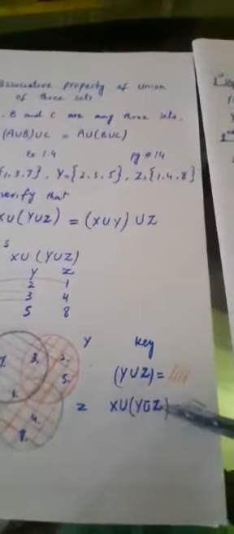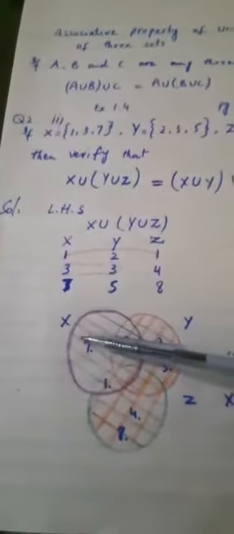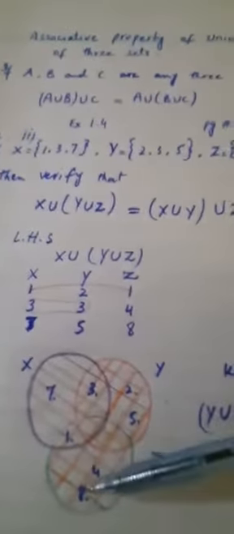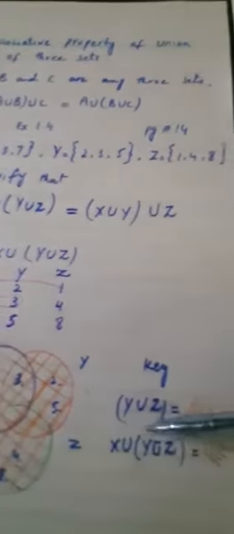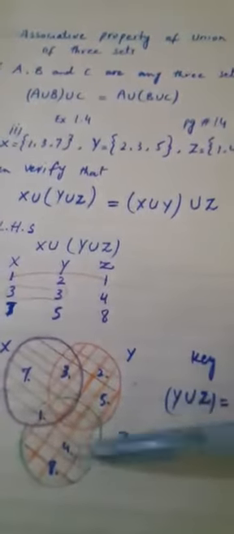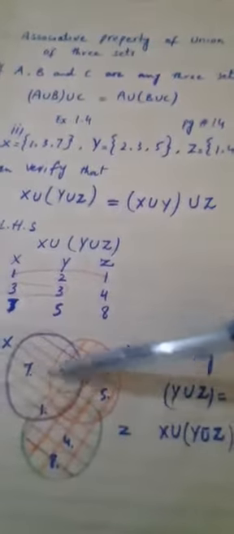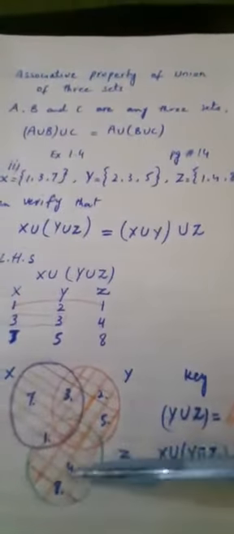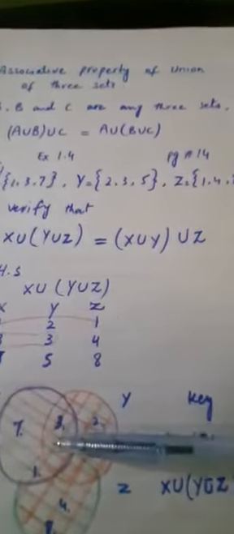And for the second step, when we find X union (Y union Z), for adding the X set also, we will do the second pattern of coloring, and we will show it in the key on the opposite side, using a different color. So in this way we will color it and show it.